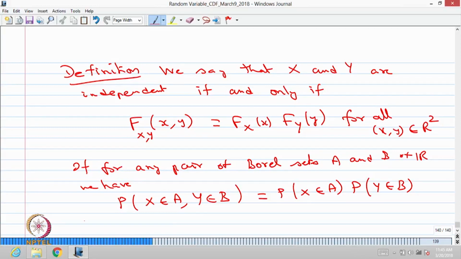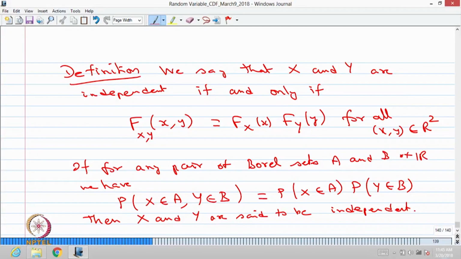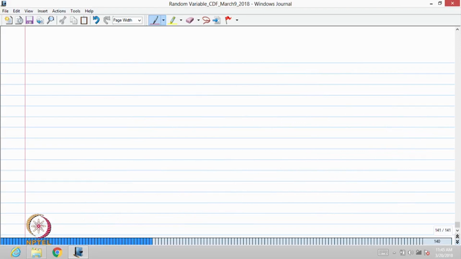If this condition is satisfied, then X and Y are said to be independent. Whereas the first condition is the if and only if condition. We are not saying the random variable is of the discrete type or continuous type. Now I am going to put a condition on whether the random variables are of the discrete type or continuous type, and how this if and only if condition changes.